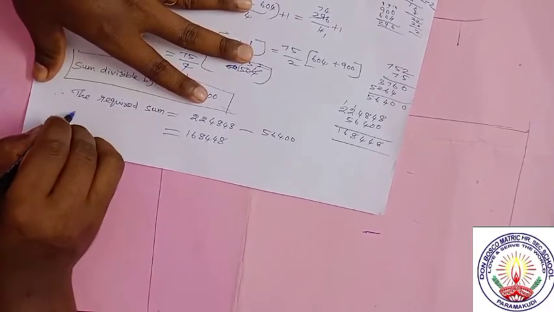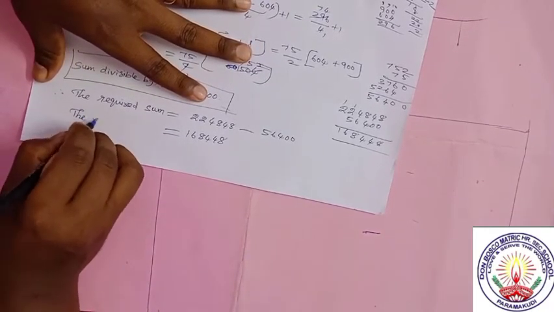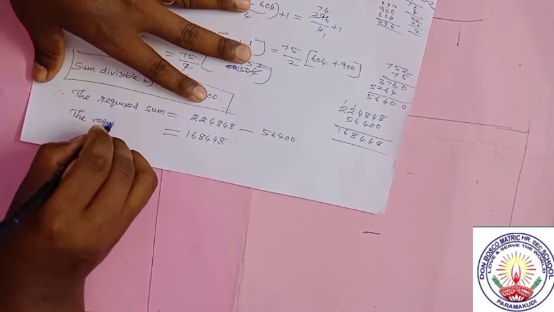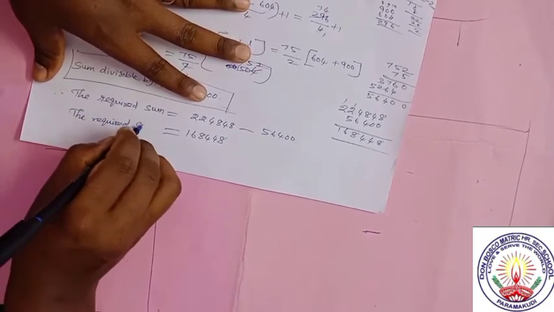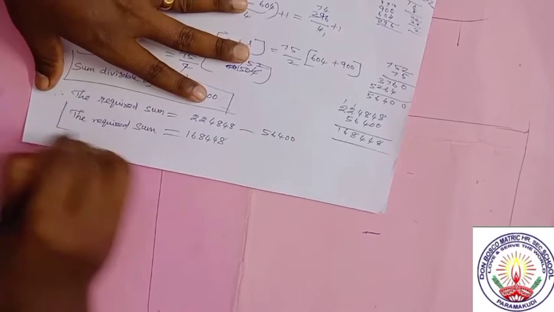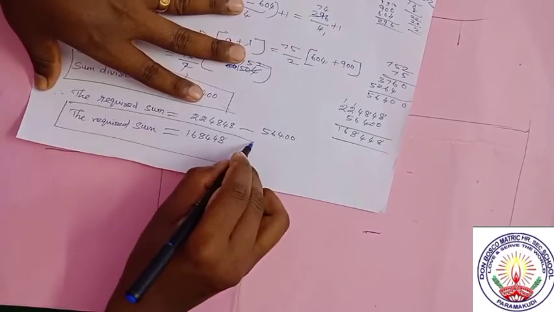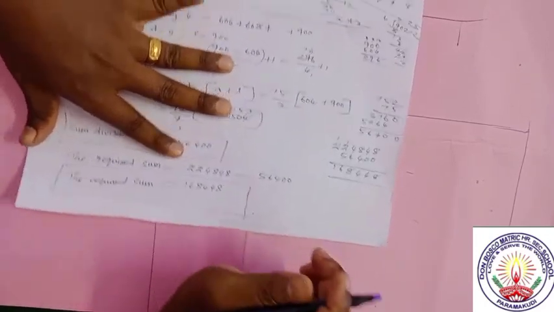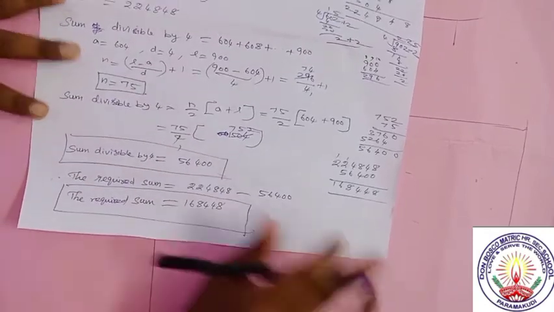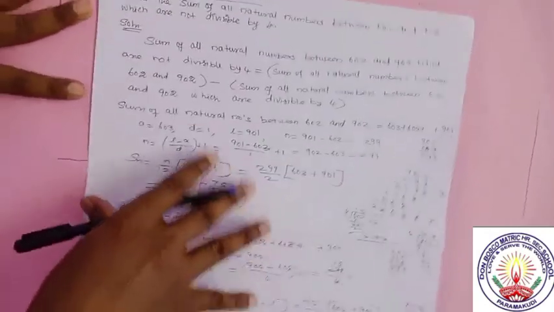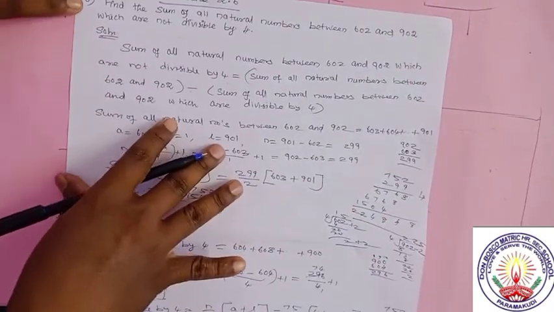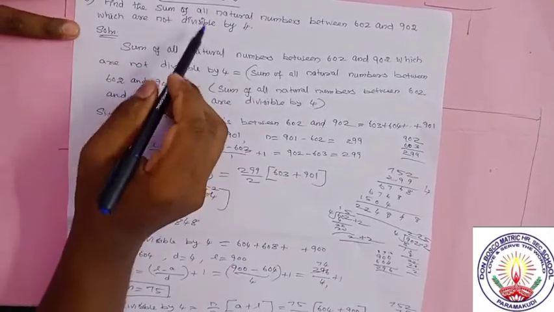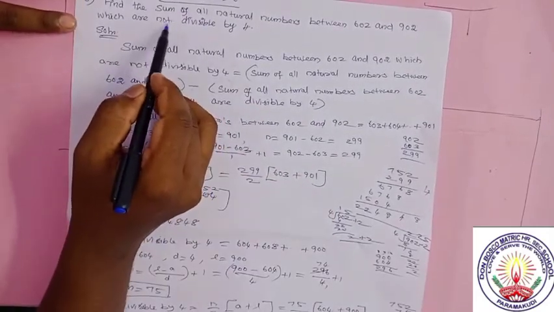So the required sum is equal to 1,68,448. It's a very important compulsory question like that, because here the word not is very important.